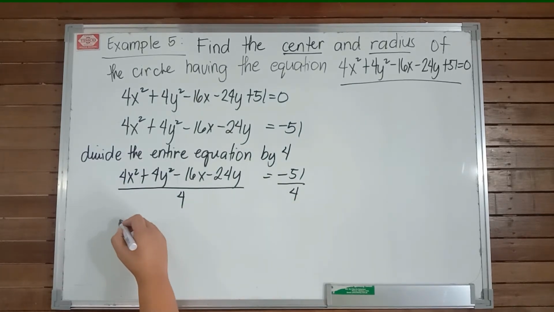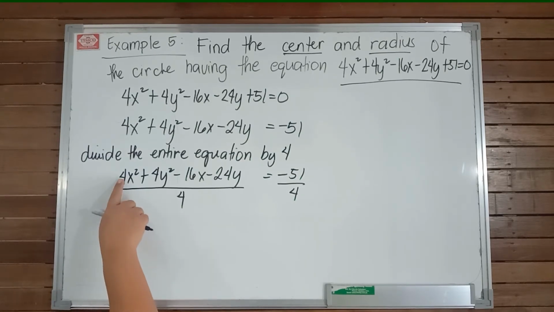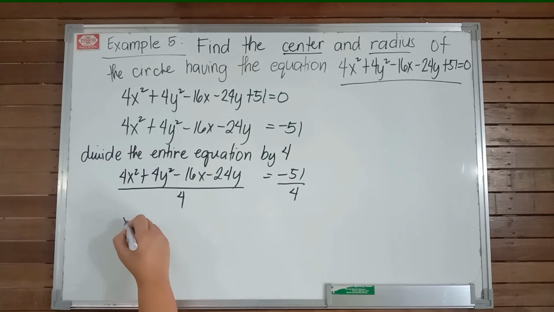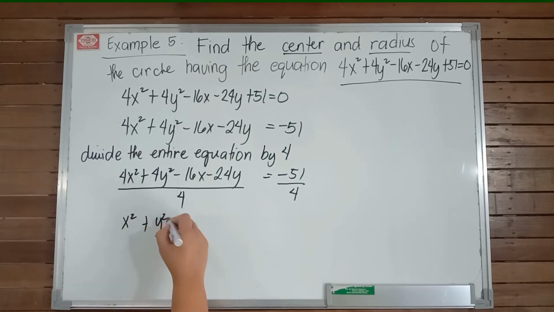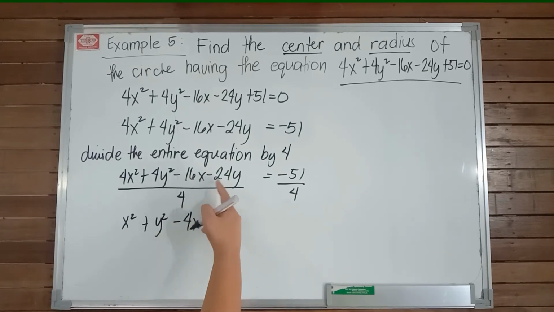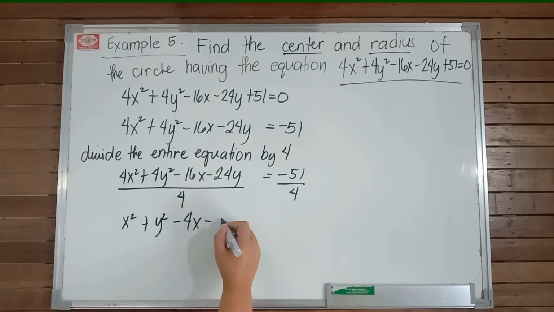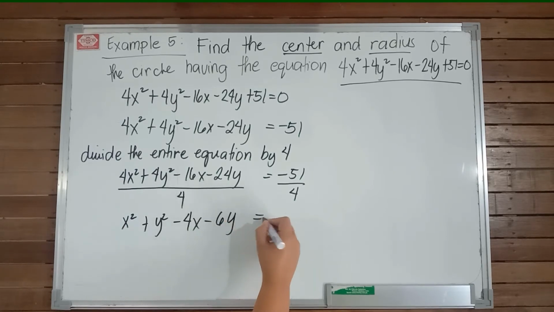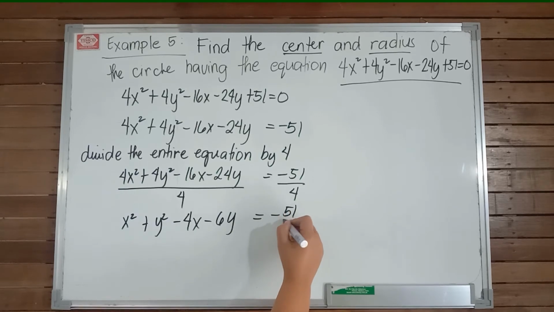Okay, so what we have is 4x squared divided by 4 is x squared, of course. 4y squared divided by 4 is y squared. Minus 16x divided by 4 is 4x. Minus 24y divided by 4 is 6y equals negative 51 over 4.